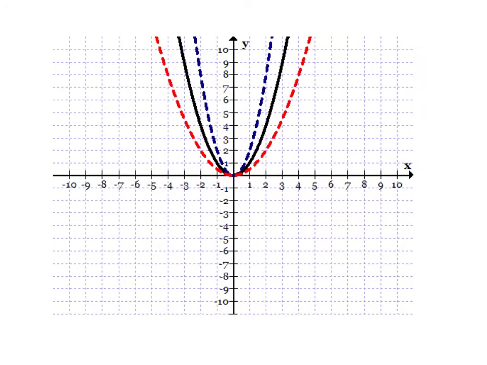In this next one, we started with y equals x squared. The blue graph is y is equal to 2x squared. The red graph, y is equal to 1/2 x squared.